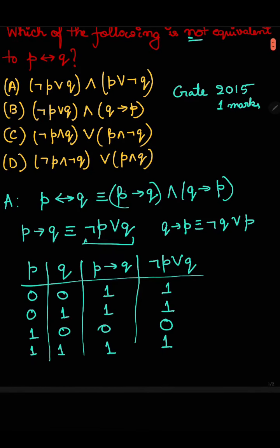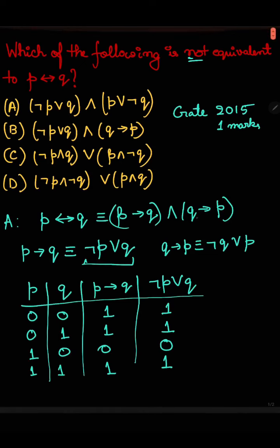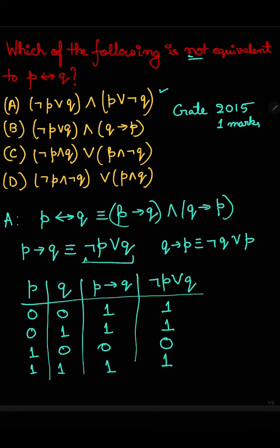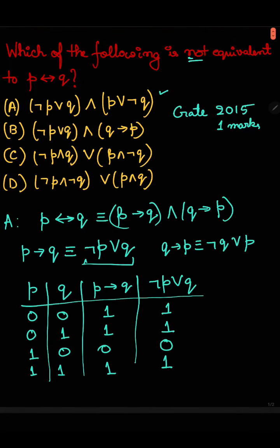So in place of P implies Q we have not P or Q, and in place of Q implies P we have not Q or P. So this option is correct. Remember, in the question it is which is not equivalent, so this will not be the answer, because this is equivalent to P implies N is implied by Q.